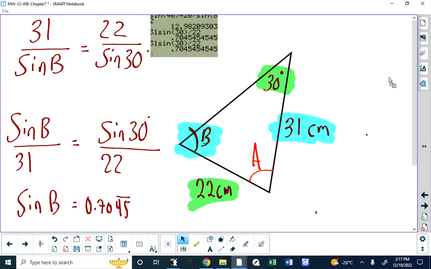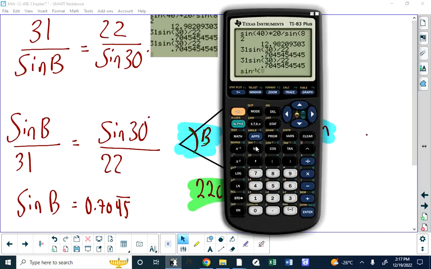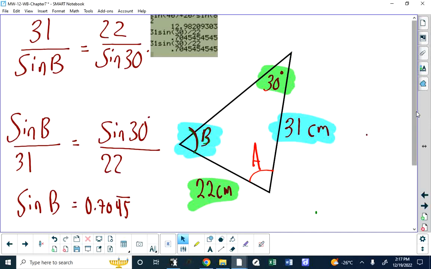So on our calculator, what we have to do is go second sine of that number, and we get 45 degrees. And that means that angle B is 45 degrees.